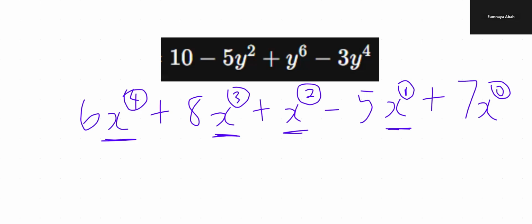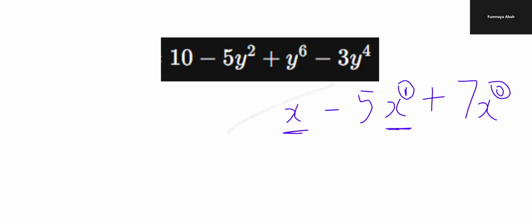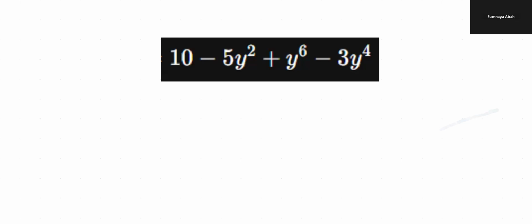So it's important to write polynomials in descending order. In this case, we have an expression, but we can see that we have y raised to the power of 2 in the middle, and y raised to the power of 6 as the third term. So the expression is out of order, and we want to rewrite it.